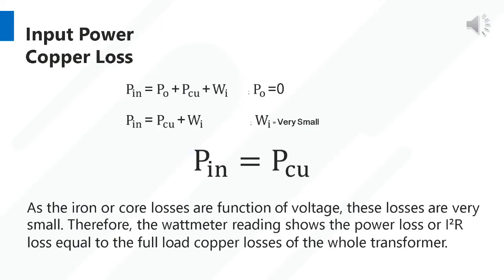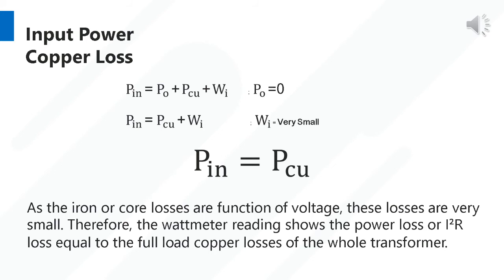So, as the iron or core losses are function of voltage, these losses are very small. So, dahil very small lang naman tong iron losses, tapos yung copper losses natin is very large dito, tatanggalin na rin natin dito, i-disregard na lang. So, ang matitira for the input power is equal to the copper loss. So, kung ano yung mabasa ng iyong wattmeter, yun din yung copper loss mo.